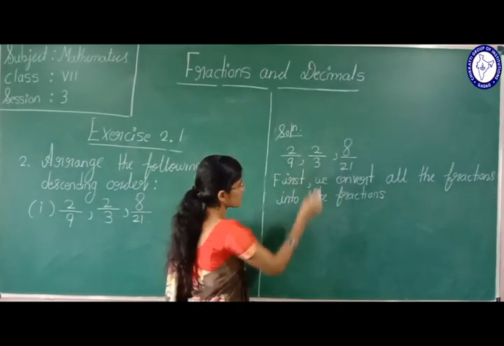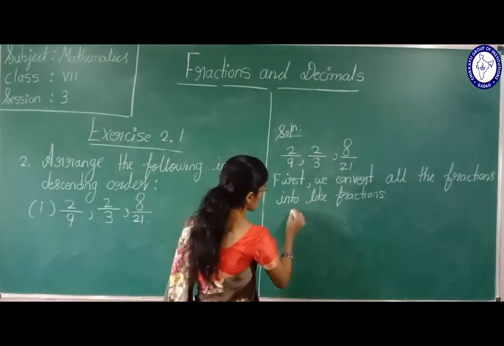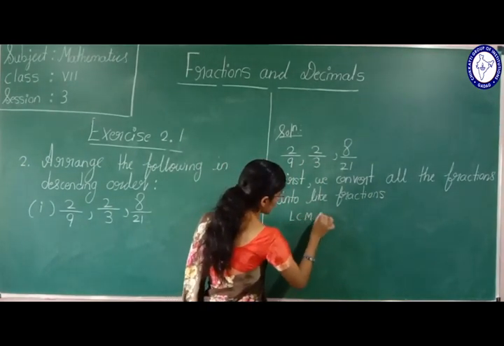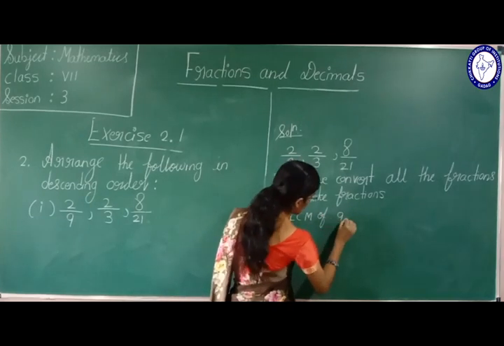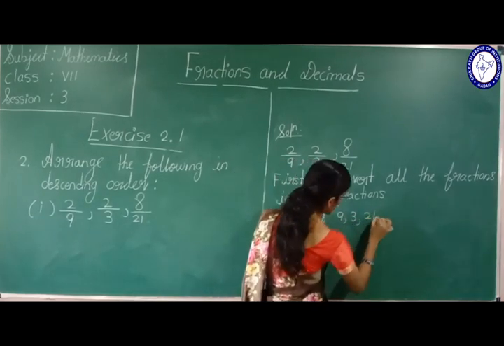To convert these into like fractions, first we have to take the LCM of 9, 3, 21.